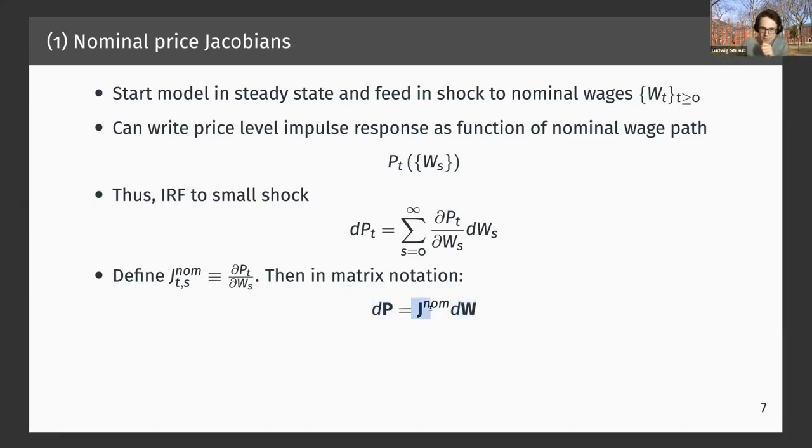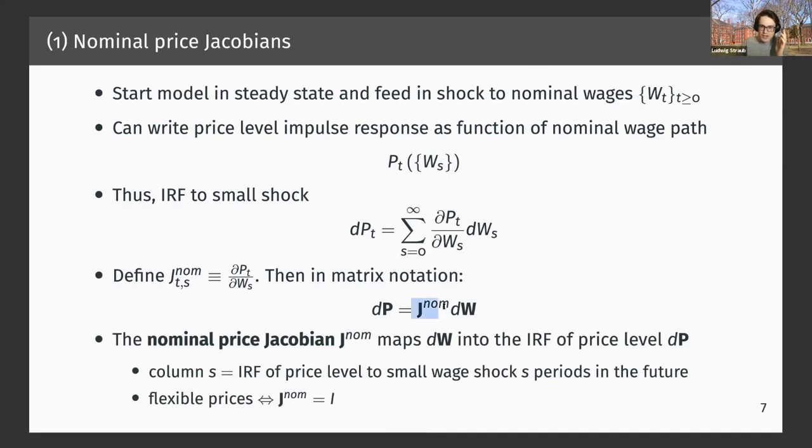Okay, and this matrix in between is really just the set of derivatives of price responses at some point t to nominal wage shocks at some other point s, either in the past, present, or in the future. Okay, so this object we're going to call the nominal price Jacobian, and it really just links how nominal wage shocks in the model affect nominal prices in the model.